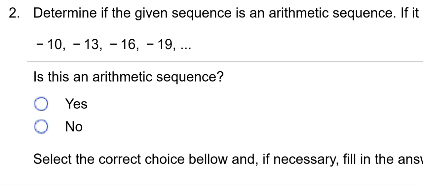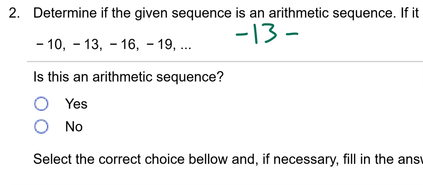Any term, so pick like -13 minus -10. So let's start out by writing that. -13 minus -10. And then I would do -16 minus -13. If those numbers end up being the same thing, then I know the answer is yes.